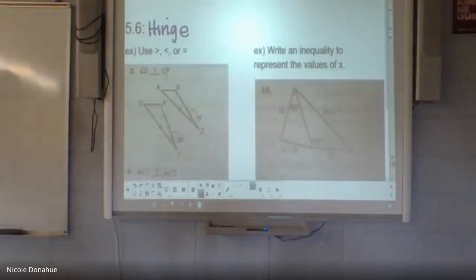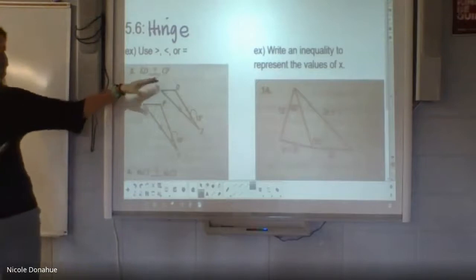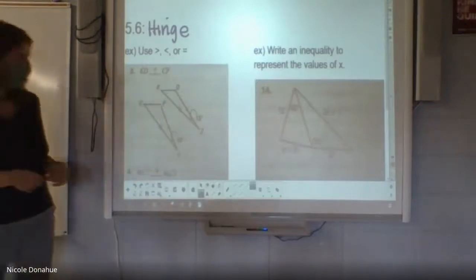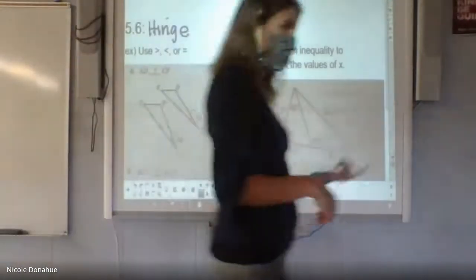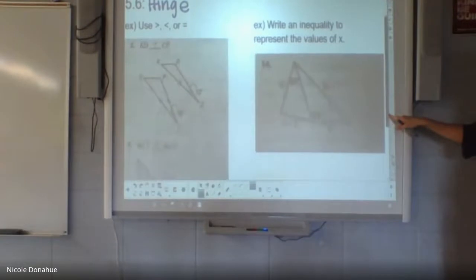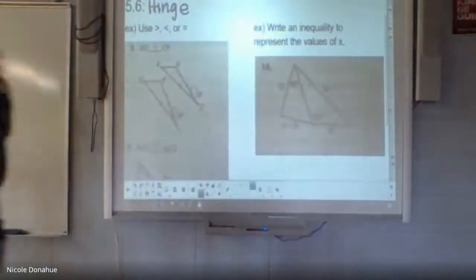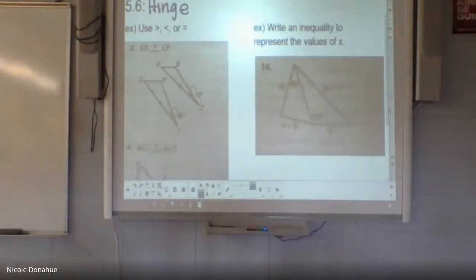And they want us to use inequalities or an equal sign. So is KD bigger, smaller, or equal to CP? And then is angle 1 bigger, smaller, or equal to angle 2 in the next drawing? I'll give you a minute so you guys can figure out which way that inequality should go.